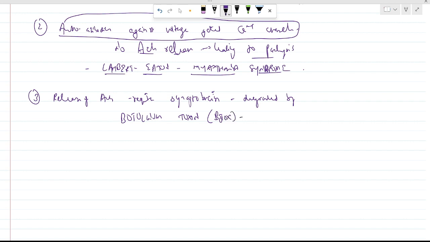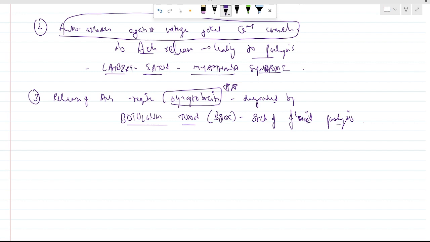Botox causes a state of flaccid paralysis. Acetylcholine release requires synaptobrevin. This is the single most important protein here, which is degraded by our botulinum toxin. It causes a state of flaccid paralysis.